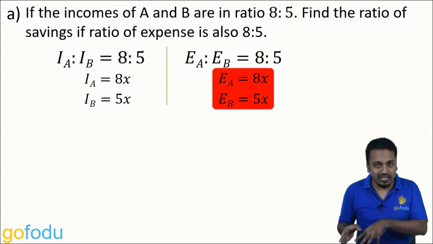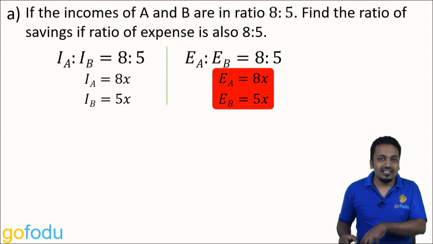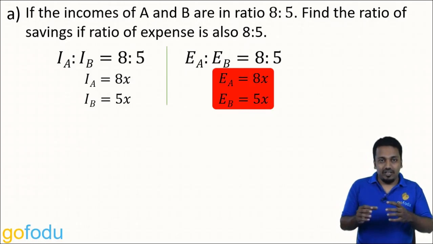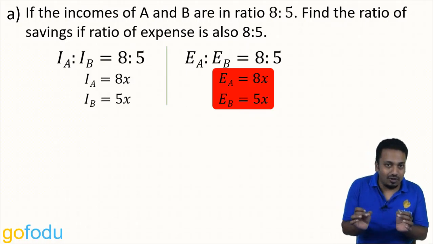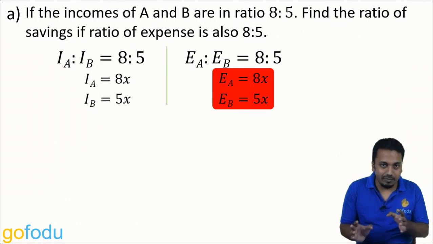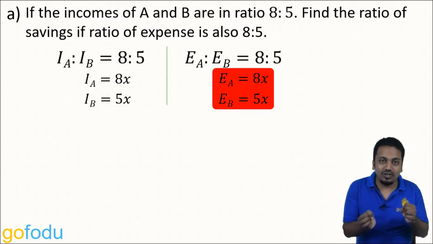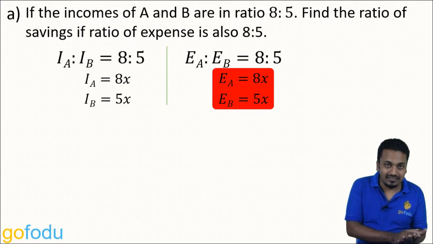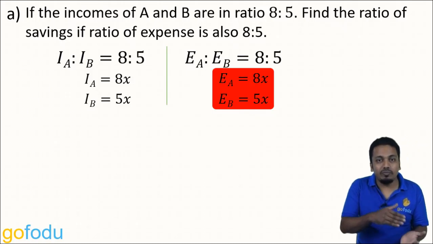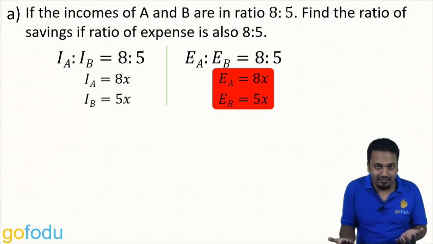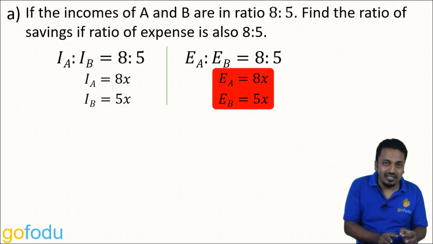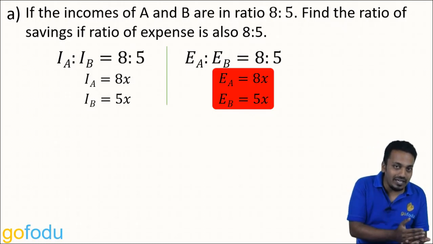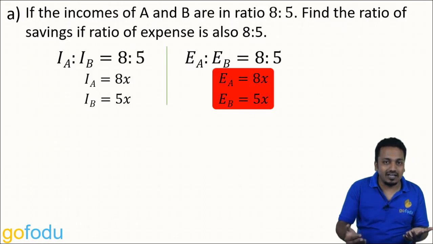So if we have assumed incomes as 8x and 5x, that means we have assumed xth multiple of 8:5. The proportionality constant here is x. Then the expenses need not be the same multiple of 8:5. The proportionality constant for expenses need not be same as that of incomes.